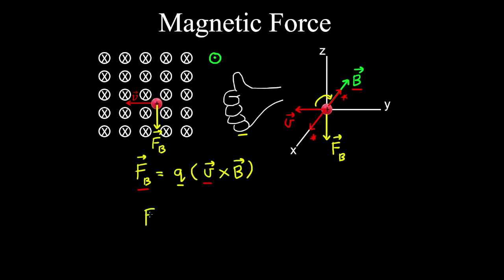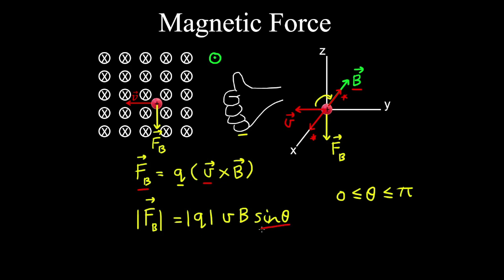Now if we take the magnitude of the magnetic force, that will be the magnitude of the charge by the magnitude of the cross product, which is the magnitude of V by the magnitude of B by sine of the angle between those vectors. And for sine to be positive, we take the angle between 0 and pi.